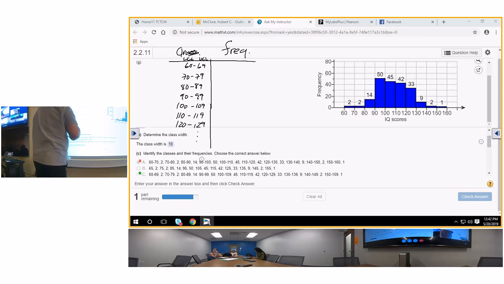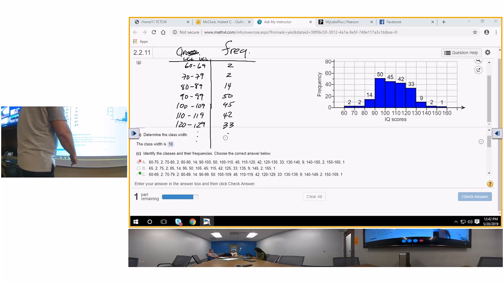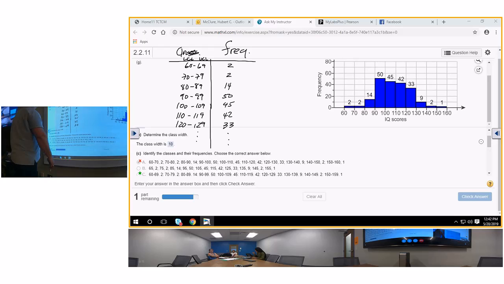Head count. So the best way to find the class width is to subtract vertically.